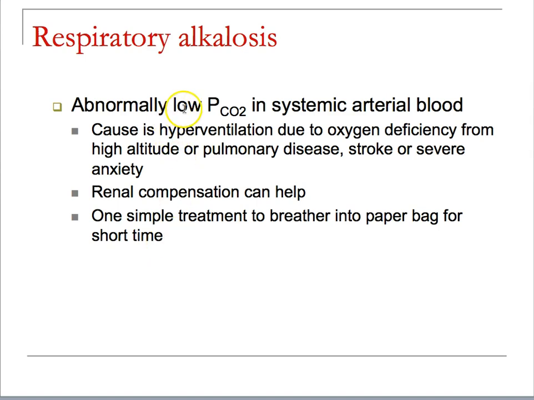Because if you have an abnormally low range for carbon dioxide, which was 22 to 26 millimeters of mercury, it's going to change the entire system. So if you increase the total amount of those ions, in this case the volatile gas, you can actually now increase the amount of hydrogen protons.